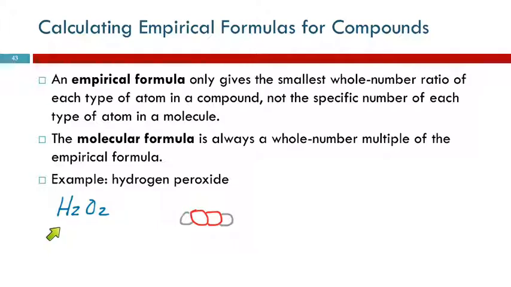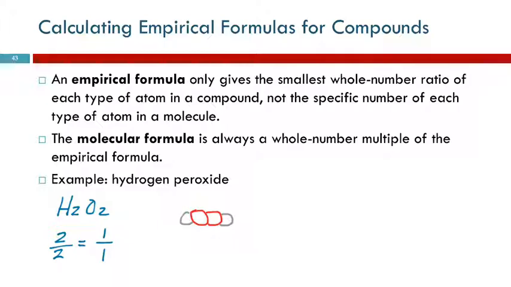Is this the lowest ratio of hydrogen atoms to oxygen atoms? No. Ratios are really similar to fractions. So this would be a fraction of 2 over 2. That can be simplified to 1 over 1.